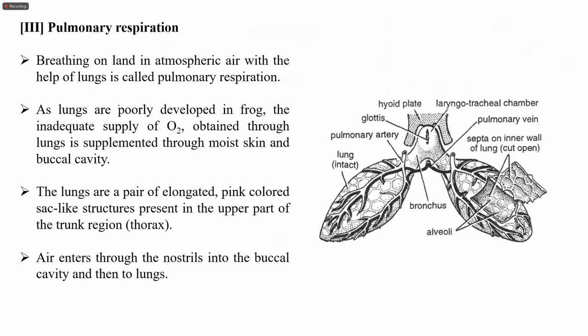The next is pulmonary respiration. So we know that pulmonary respiration is associated with the lungs. The lungs are very poorly developed in the frog. Here I have shown a lung intact, whereas I have also shown a lung which has been opened out to show you the alveoli. So alveoli are thin sac-like structures.